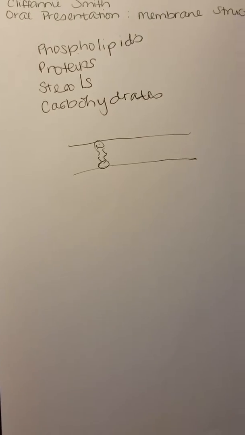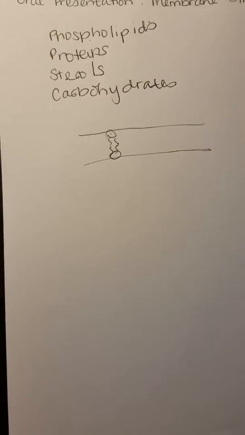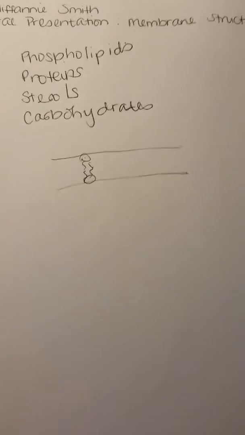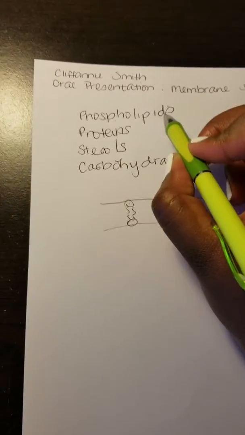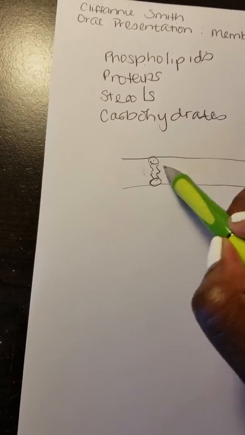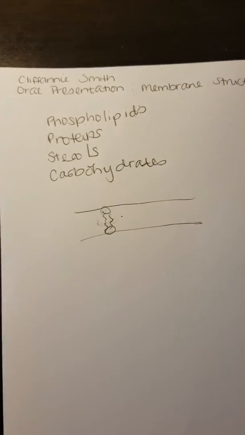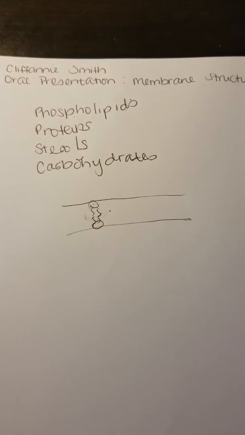So now, first I would like to go in depth more on proteins. We already concluded that we have the hydrophilic heads and the fatty acid tails, which are hydrophobic, because lipids and the lipid sterols are hydrophobic.